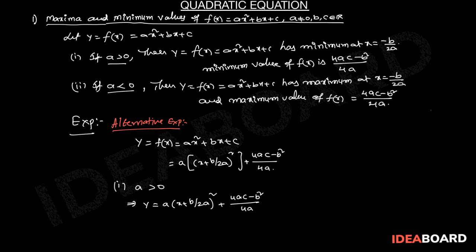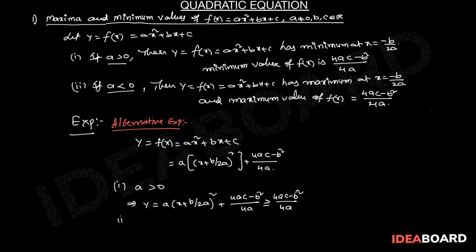Here (x + b/2a)² is always non-negative and a is positive, so the term a(x + b/2a)² is always non-negative. Because of that, y is always greater than or equal to (4ac - b²)/4a. It equals (4ac - b²)/4a when x = -b/2a. In the remaining cases, it is always greater.